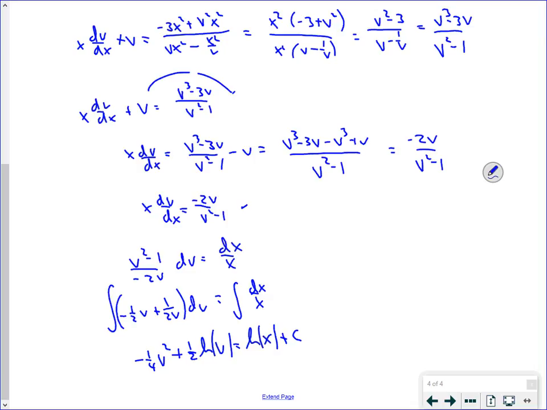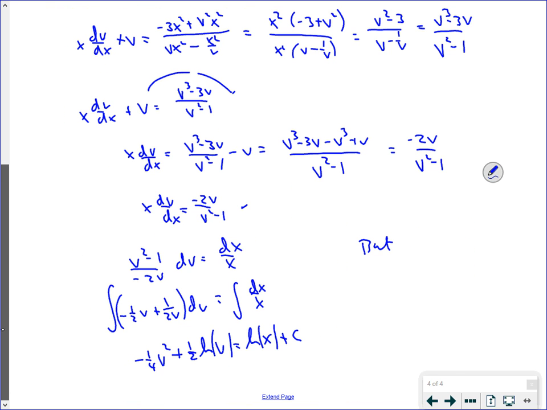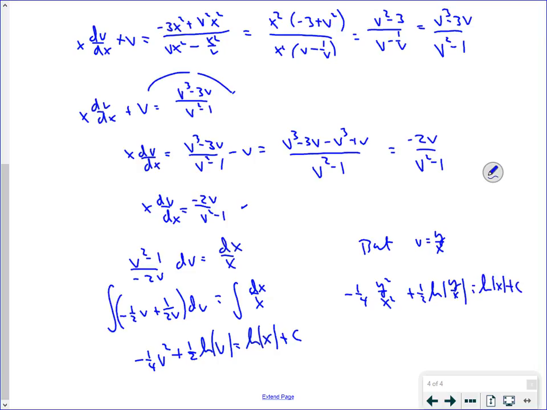So v was y over x. So replace every v with y over x and we're done. Minus 1/4 y squared over x squared plus 1/2 log y over x equals the log of x plus c.